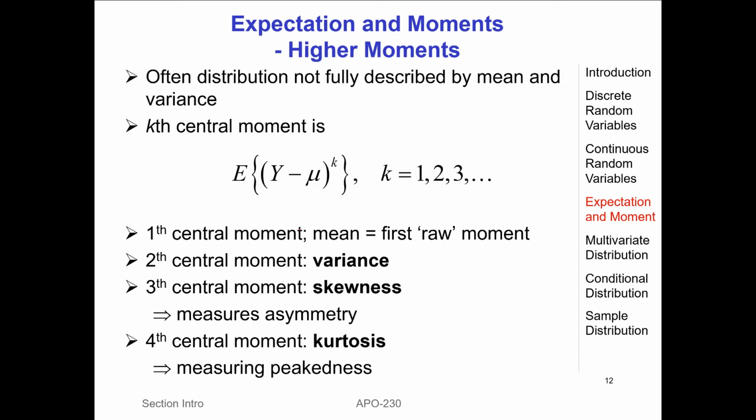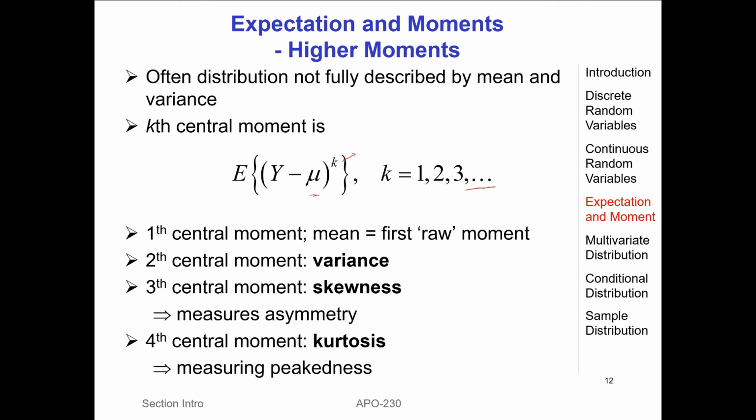Normally in a very general way, the k-th central moment is denoted as the expectation of (y minus mu) to the power of k. Now, this looks already very familiar because with the variance case we have (y minus mu) to the power of 2, no? And you can go for even higher moments.